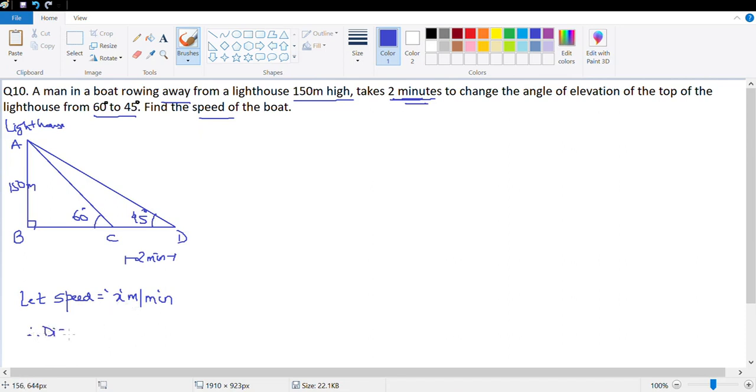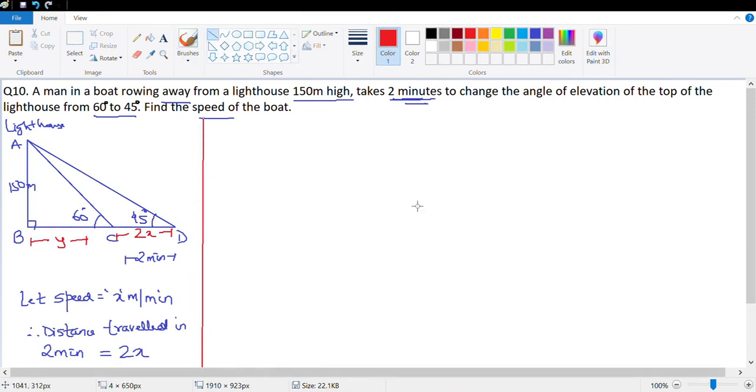Therefore, distance traveled in 2 minutes would be equal to 2x. Basically, the distance between C and D, the distance he traveled, is 2x, and let BC be y.